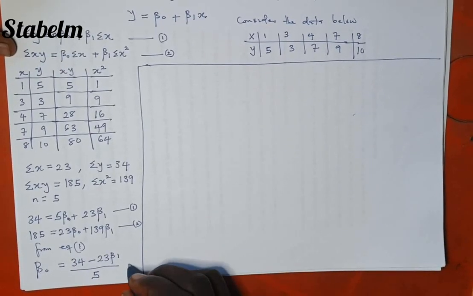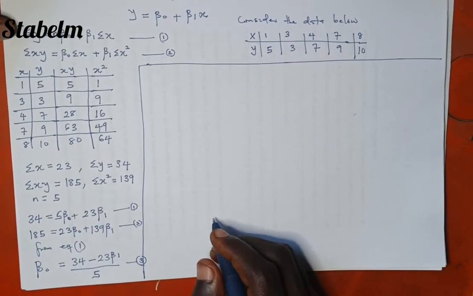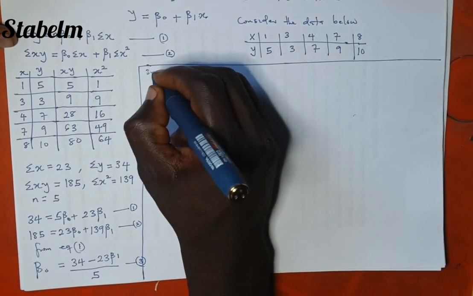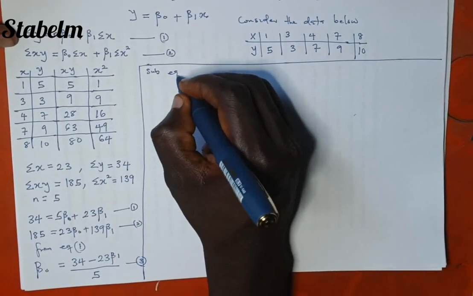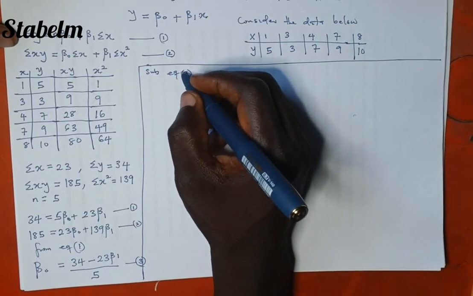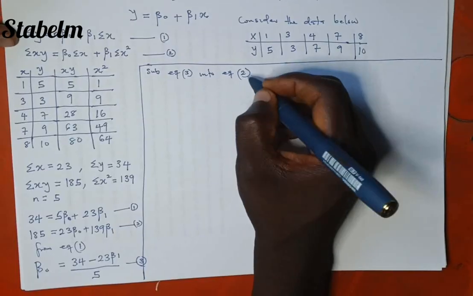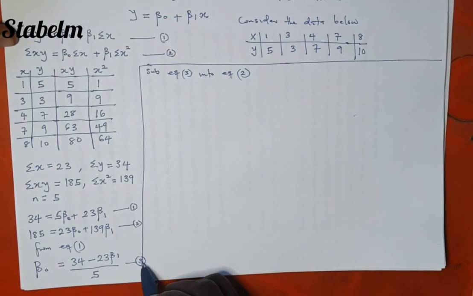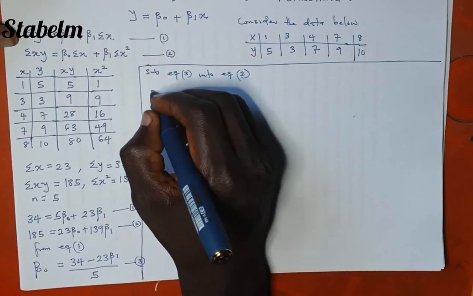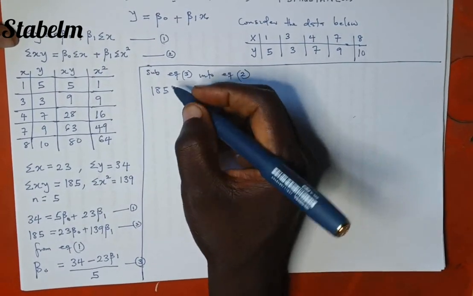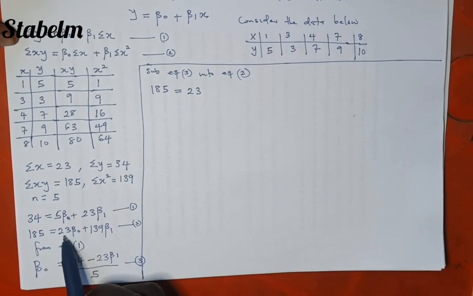We can call this equation 3. Now let's substitute equation 3 into equation 2. Our equation 2 started with 185, so we have 185 equals 23 times beta naught.